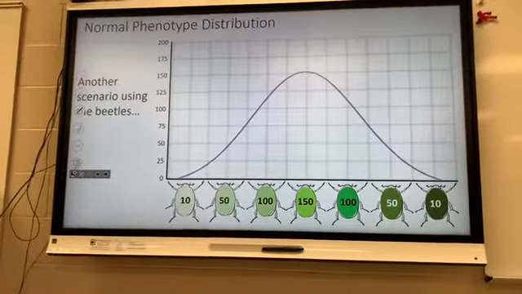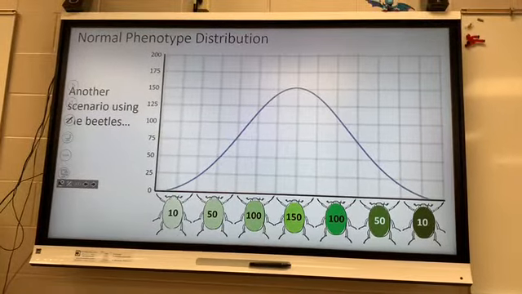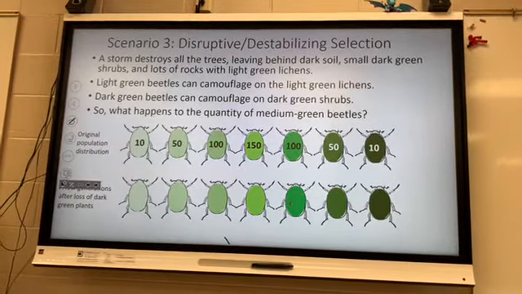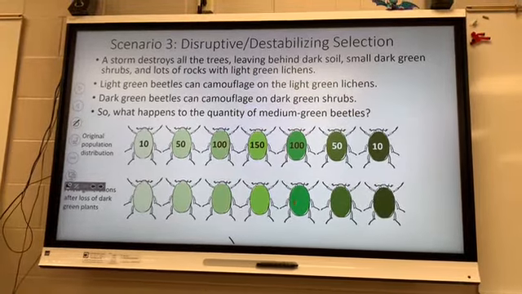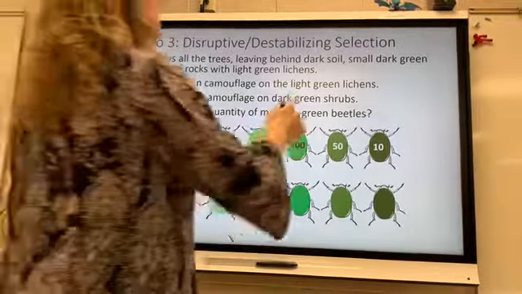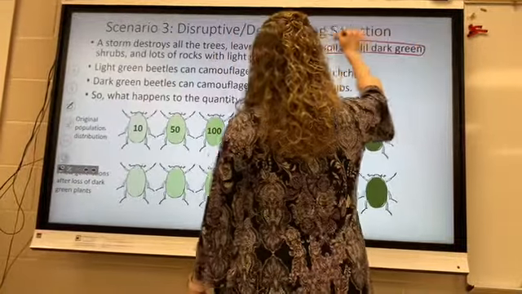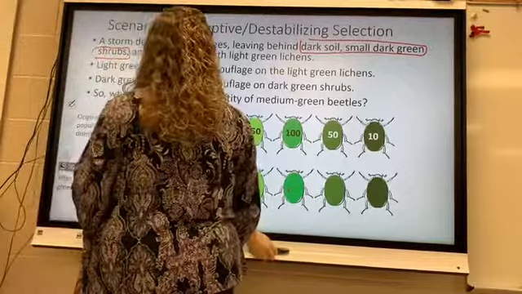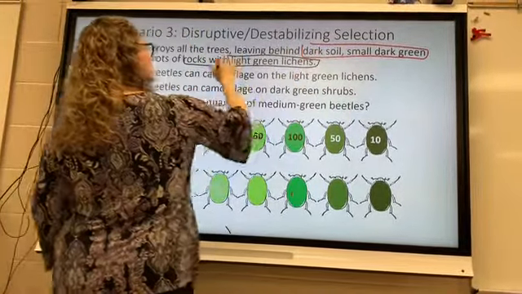All right, next example, we're gonna go back to the beetles. So we start with the normal phenotype distribution. A storm destroys all of the trees. The trees are gone. All that's left behind is dark soil and small dark green shrubs and rocks with light green lichens.